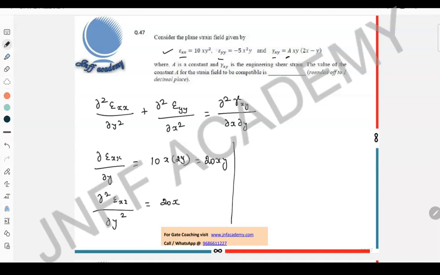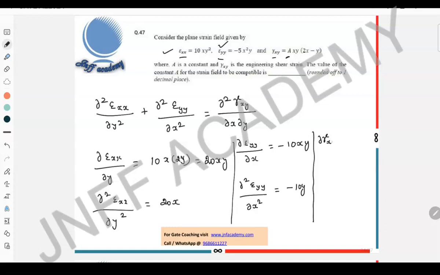Then we will go for the next term, epsilon yy. So dou epsilon yy by dou x is minus 10xy, and dou square epsilon yy by dou x square is equal to minus 10y. Next we will do the same for gamma xy.